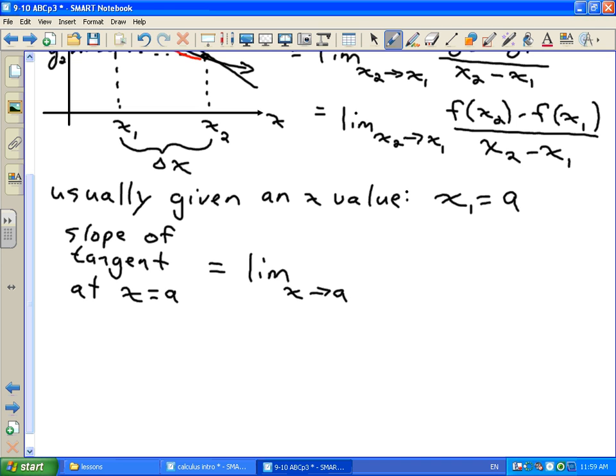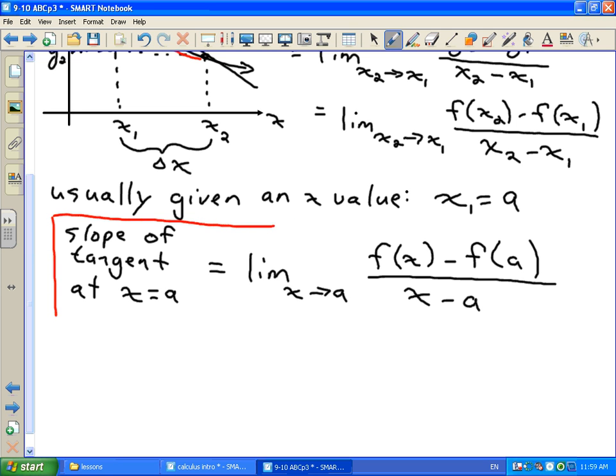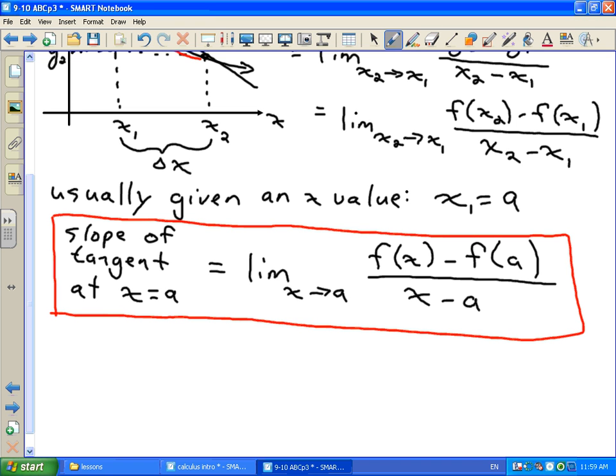So it's going to be the limit as x tends to a of f at x minus f at a divided by x minus a. Okay. So this is the formula that we are going to use in the next couple of examples to find the slope of the tangent at a particular point. Fair enough?